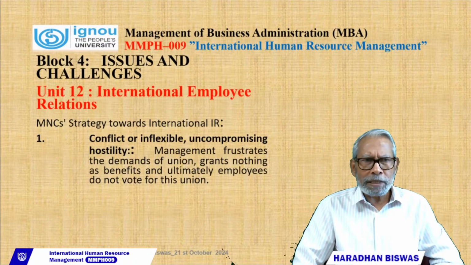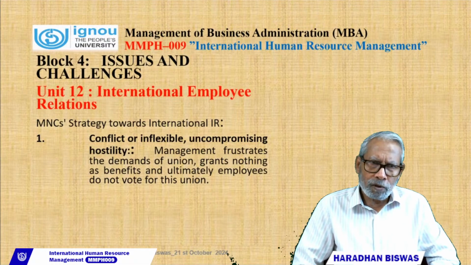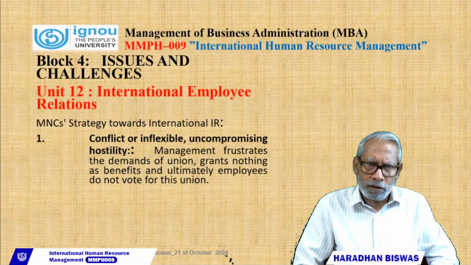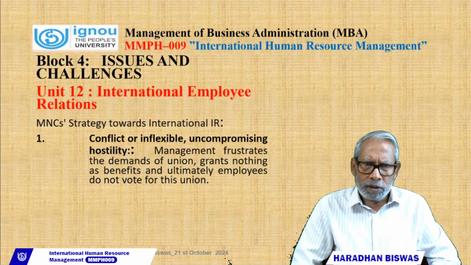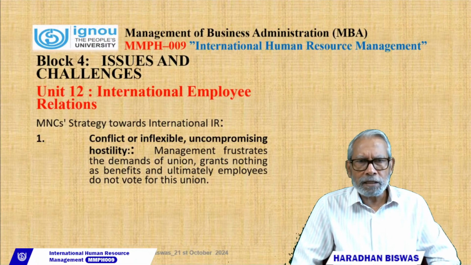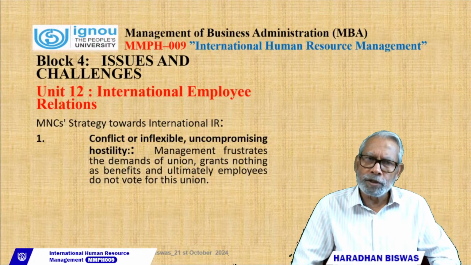Now, multinational companies' strategy towards international IR. There is a conflict, or inflexible, uncompromising hostility, because the management frustrates the demands of the union, grants nothing as benefits, and ultimately the employees do not vote for the union.